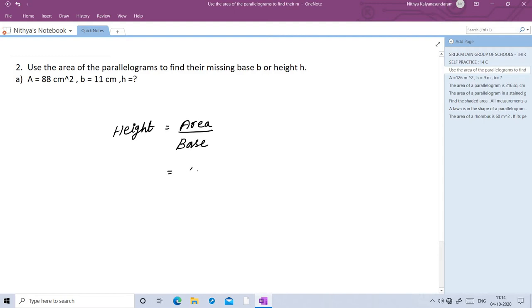So 88 by 11, we can cancel in 11 table, 8 11s are 88. Centimeter we can cancel one time. So the height of the parallelogram is 8 centimeter.